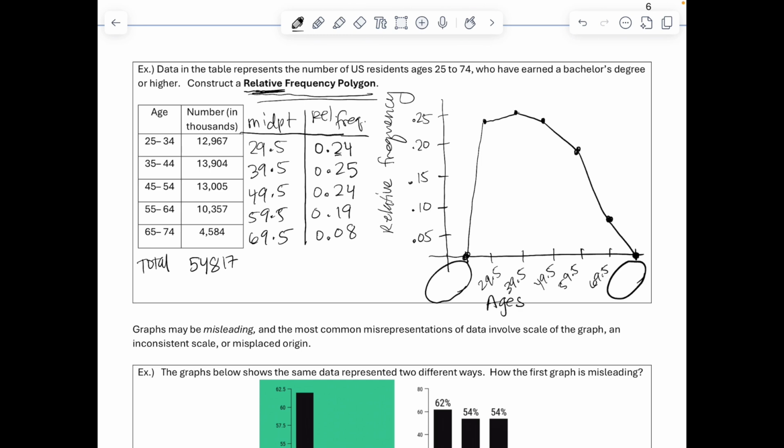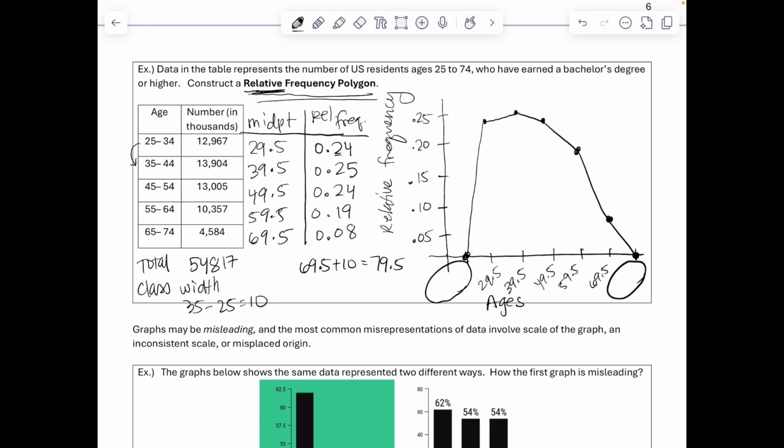So in order to do this, we need to have our class width. And so class width is going to be 35 minus 25, which is just 10. And so in order to get our very last midpoint that we would put in there, we're going to take 69.5 and add 10 to it. And so we get 79.5.